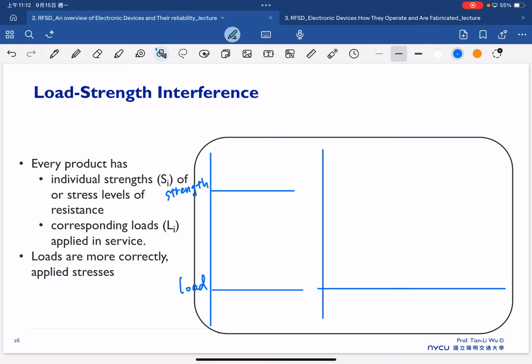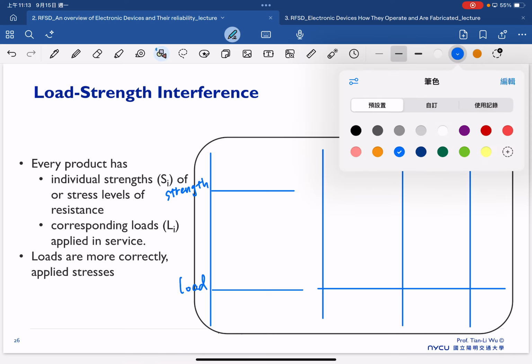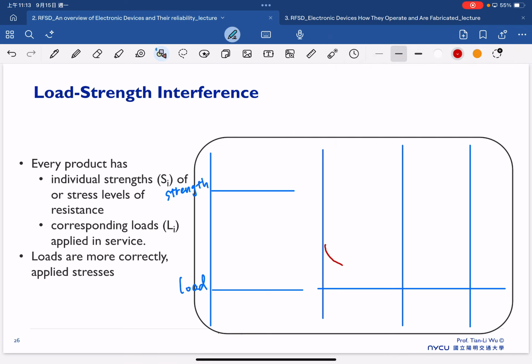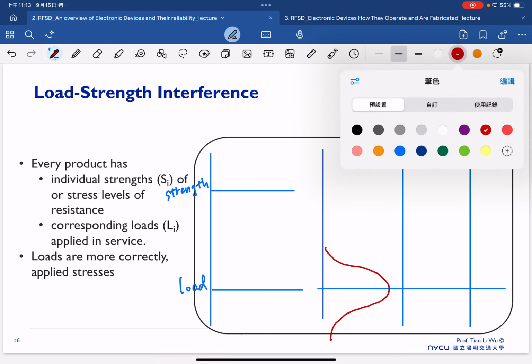With the time passing by, the load will always be the same. But the problem is we can foresee the strength might have degradation. And it's also very important to understand that each strength and load has its own distribution, which means the load has this kind of distribution, but the strength also has its own distribution.